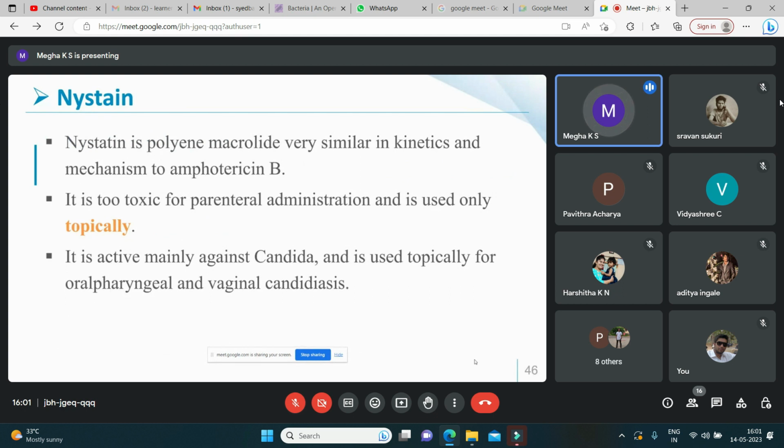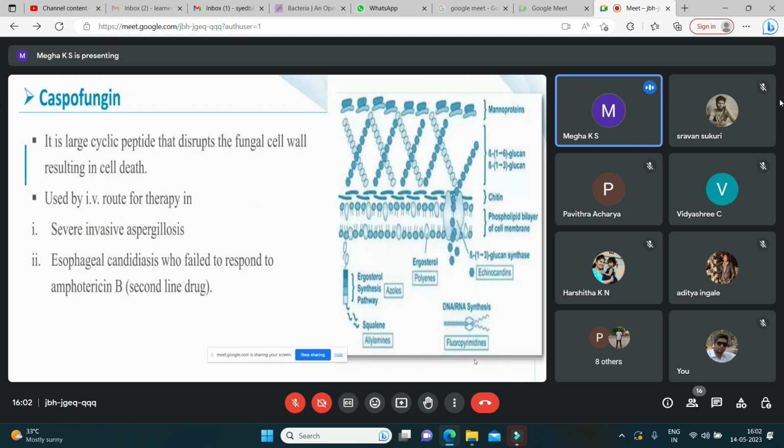Nystatin is a polyene macrolide, very similar in kinetics and mechanism to amphotericin B. It is too toxic for parenteral administration and is used only topically. It is active mainly against Candida, and it is used topically for oropharyngeal and vaginal candidiasis.